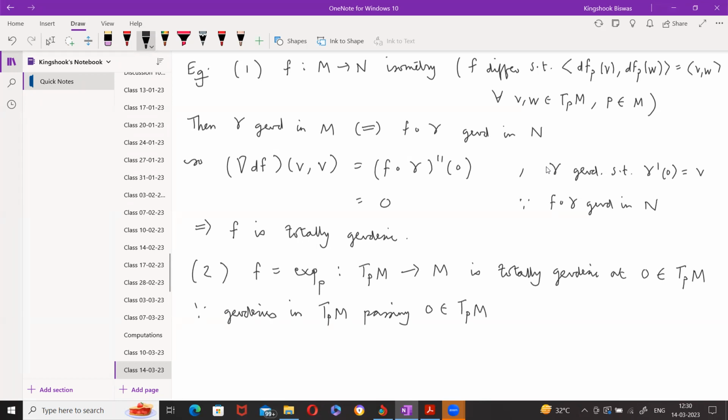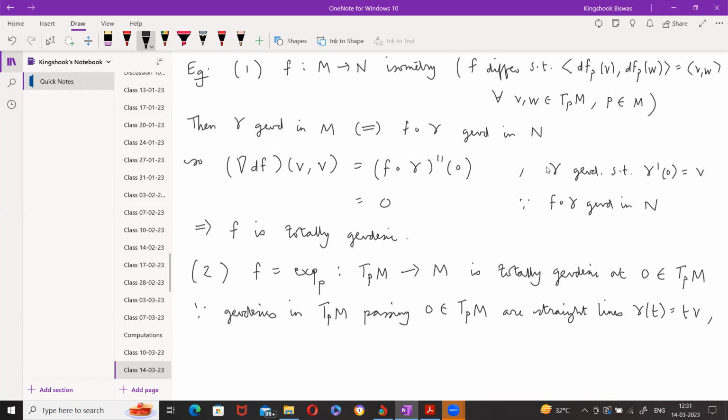T_P M is just a vector space, an inner product space, so it's isometric to R^n. So geodesics are just straight lines. Okay. So geodesics passing through the origin are just straight lines, gamma of t equal to tV, right?